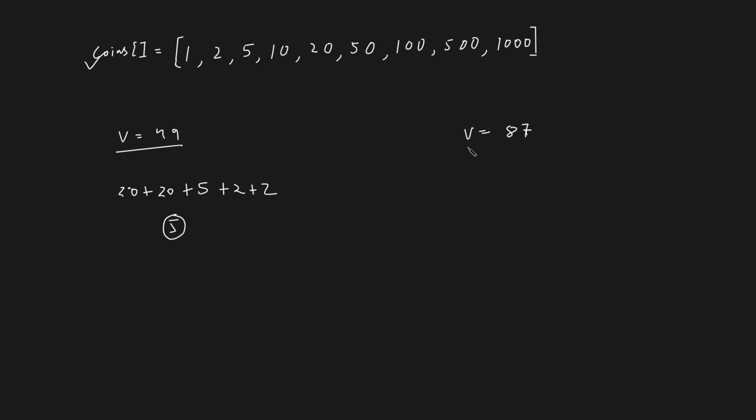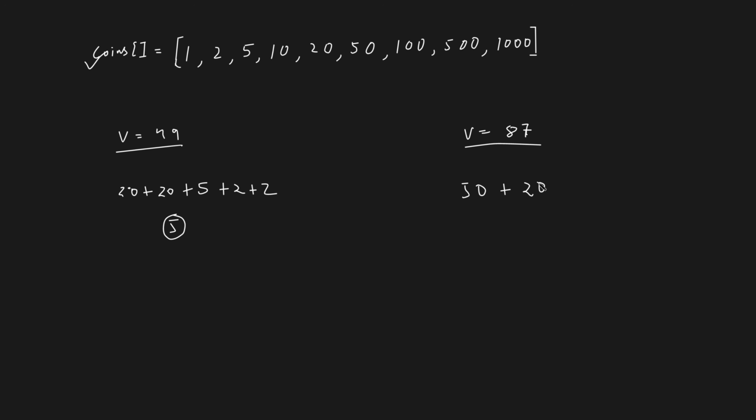If you check for the value 87, what will be the minimum number of coins? It's very obvious that at first you use the 50 rupees coin, and once you have used that, you are left with 37. The best option is probably a 20 rupees coin, so that will make it 70, and you're left with 17.